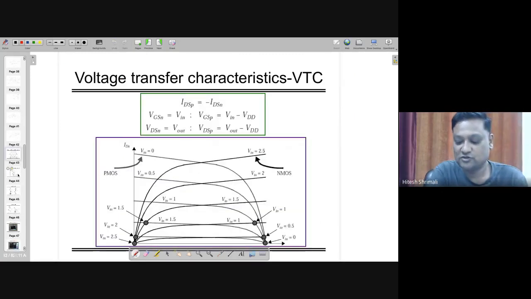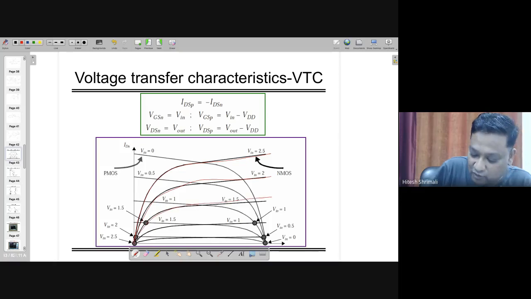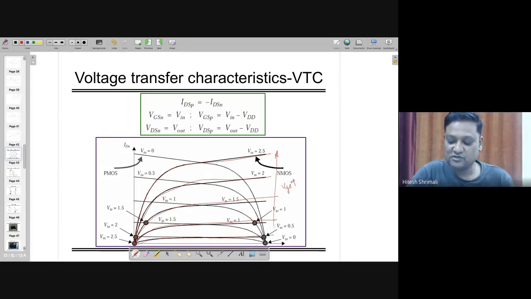Okay, so if you look at the characteristic, as I explained, all the red curves are NMOS and all the black curves are for PMOS, where going from bottom to top, the VGS is increasing. It goes from VGS equal to 0 up to some value, right?